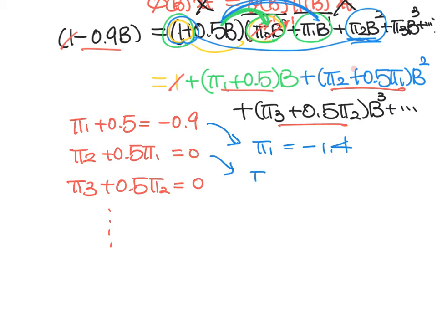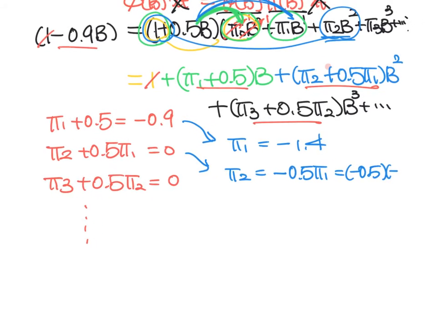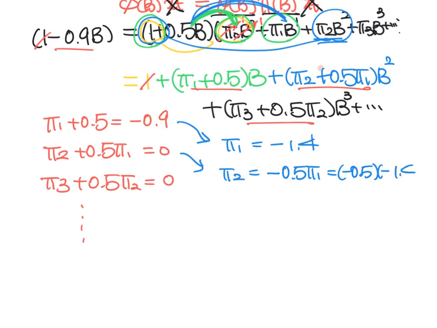And now pi 2 will be negative 0.5 pi 1, so negative 0.5 times negative 1.4. And now here's pi 3, it's another negative 0.5 times pi 2.